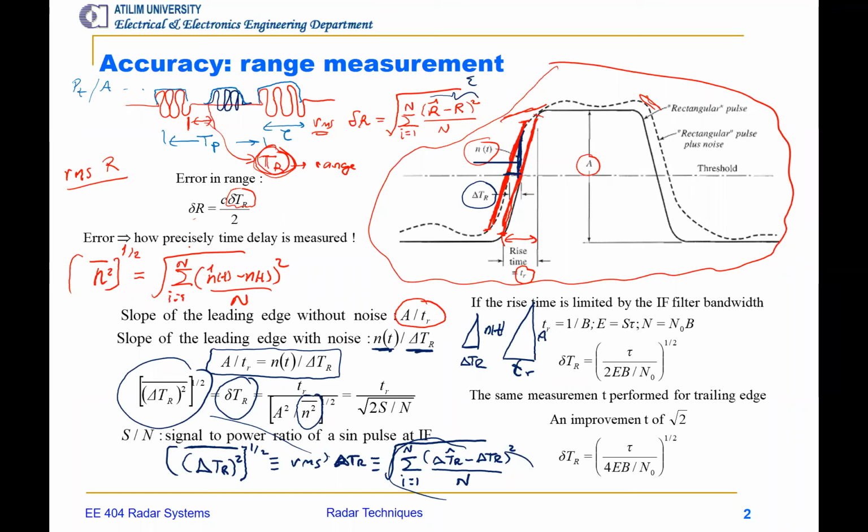Okay? So then we can write the RMS error in terms of the amplitude of the pulse along with the RMS of the average of noise.